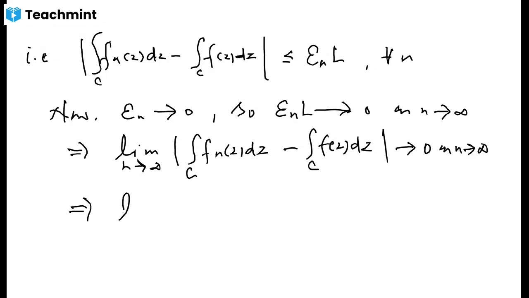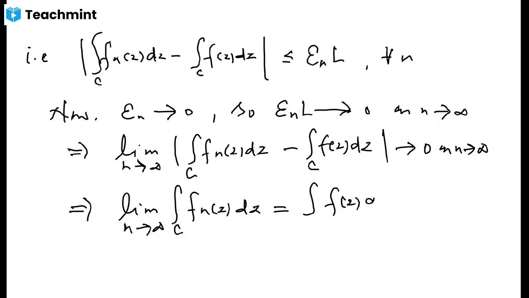This is just saying that the sequence of integrals of each term of the sequence of functions is convergent, and the limit is given by the integral of the limit function. So this was the context, and it doesn't require much effort. The only thing was the single use of the ML estimate.